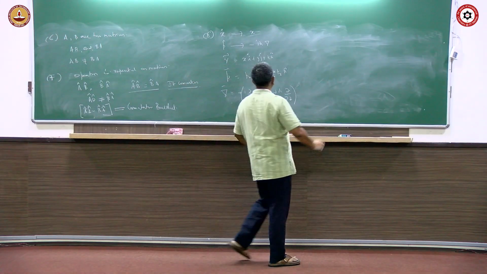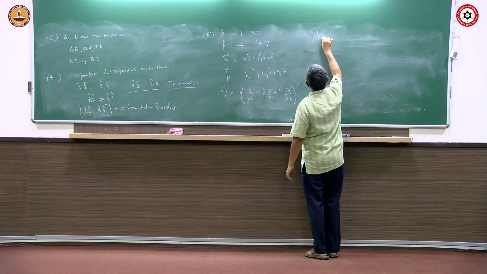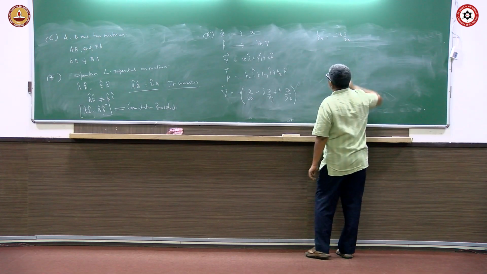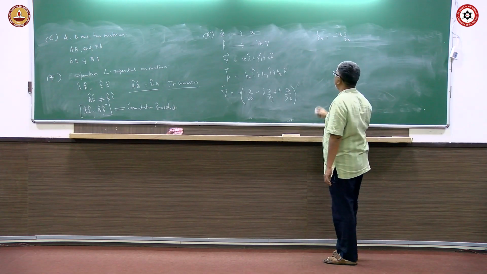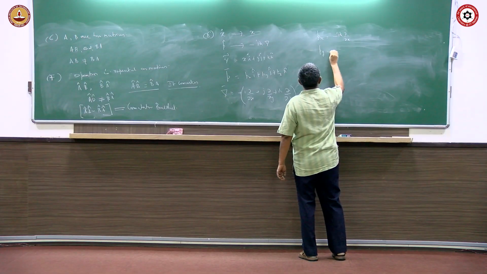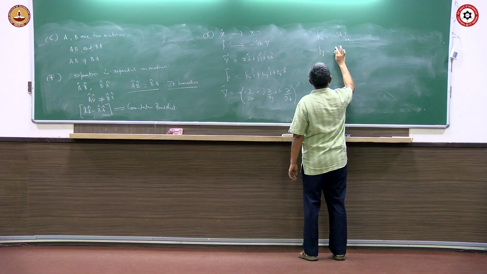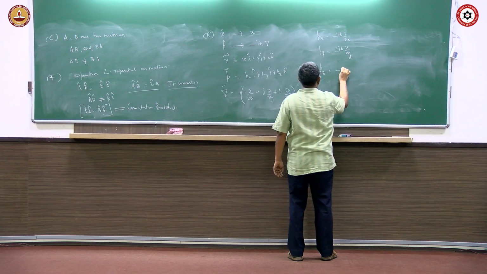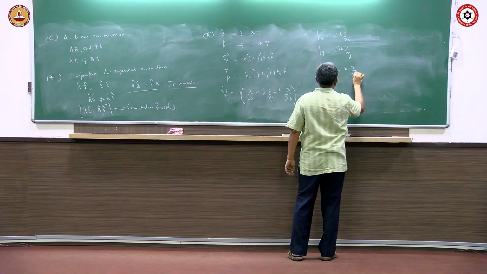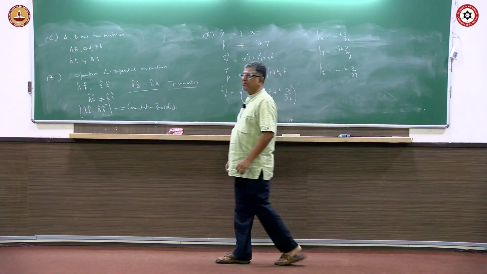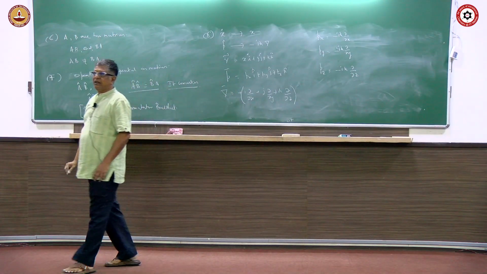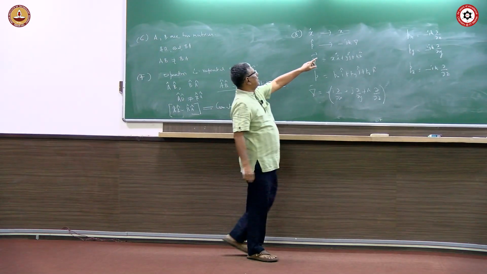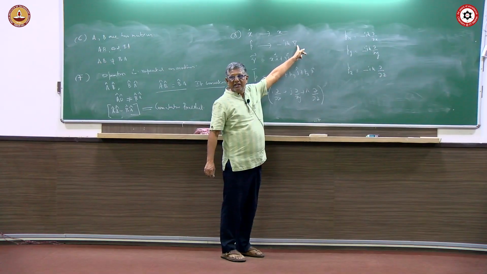Therefore, what is the operator corresponding to px? Px is minus i h cross dou by dou x. Py is minus i h cross dou by dou y. Pz is minus i h cross dou by dou z. Overall, P is minus i h cross del.